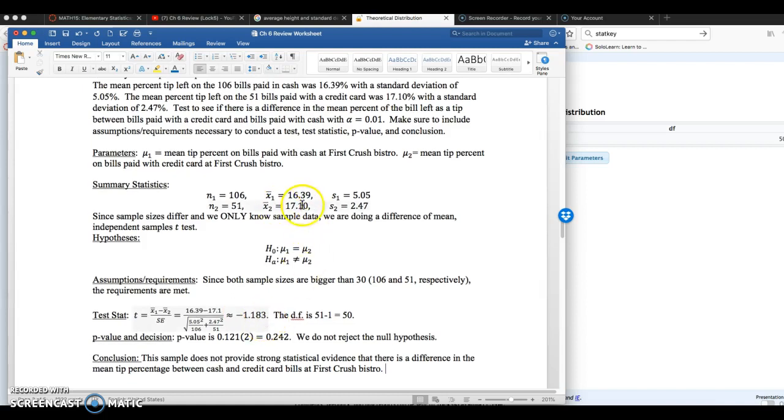So there's a little bit of a difference, but not very much. It was less than $1, and standard deviations weren't too big, and fairly big sample sizes. So we do not have evidence that there's a difference in the tip percentage amount.